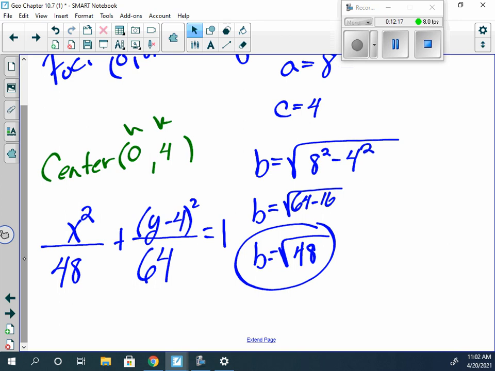It will always line up that way because we won't have both fractions being positive. The one that the minor axis is attached to will be subtracted. So with hyperbolas, a is always going to be first, b is always going to be second.